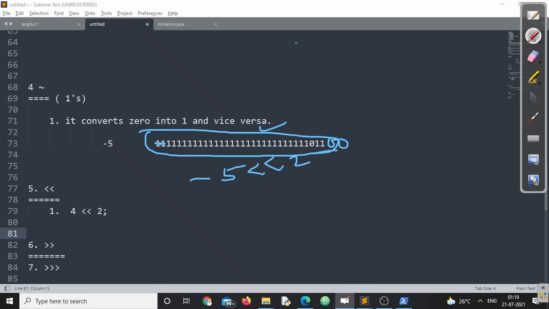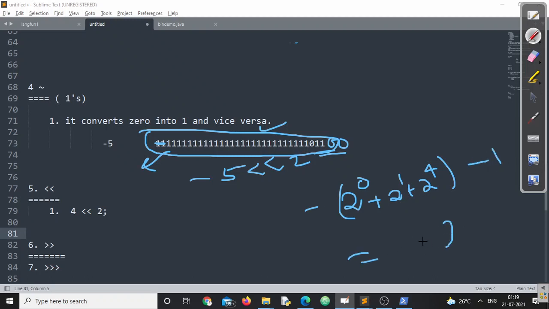Now can you please tell me what the value will be? Remember, this is again in 2's complement form because the most significant bit is again 1. So the value will be 2 to the power 0, 2 to the power 1, then 0, 1, 2, 3, 4, 2 to the power 4, and put a minus 1 here.